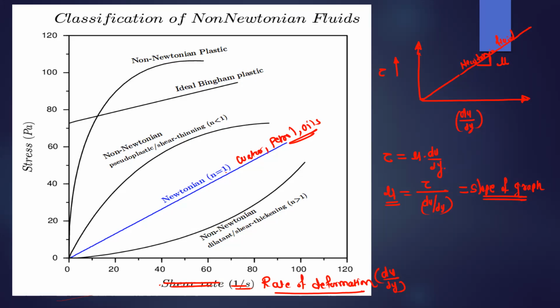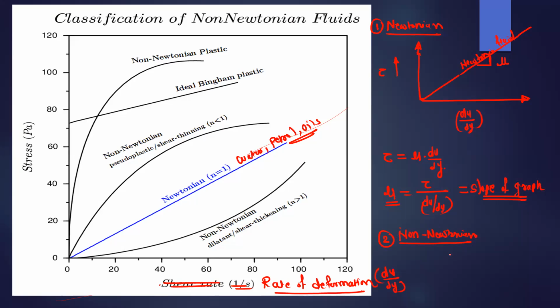Now the fluids which don't obey Newton's law of viscosity, that means the graph is not a straight line, are all non-Newtonian fluids. Here you can see the first type is the Newtonian fluid, and the second type is the non-Newtonian.